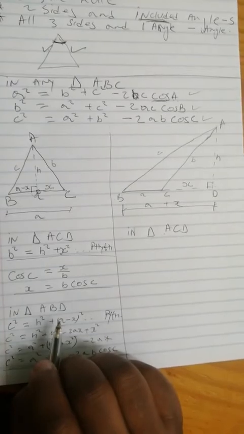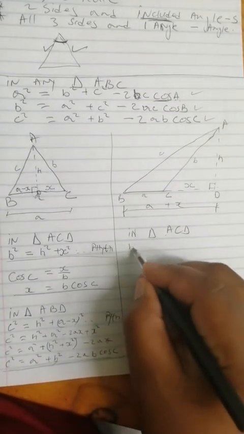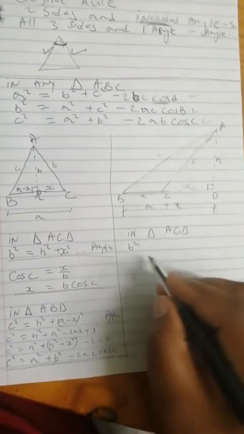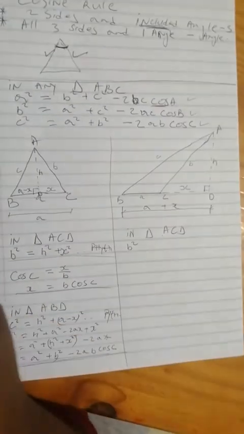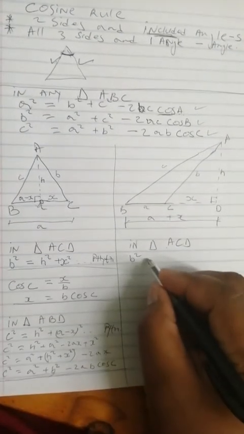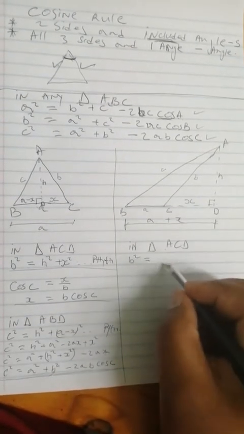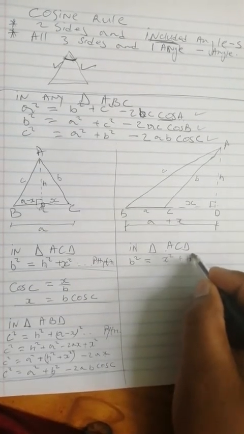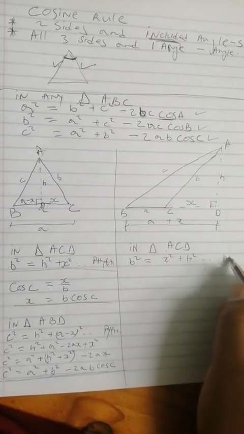Let's get Pythagoras for that triangle. B is the hypotenuse. So by the Pythagoras theorem, b squared equals x squared plus h squared.